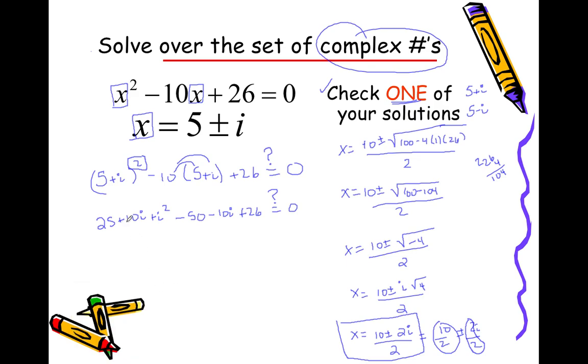Now combine. What do I have here? Plus 10i and negative 10i are going to go away. What's i squared? Negative 1. So I have 25 and a negative 1 minus a 50 and a 26.